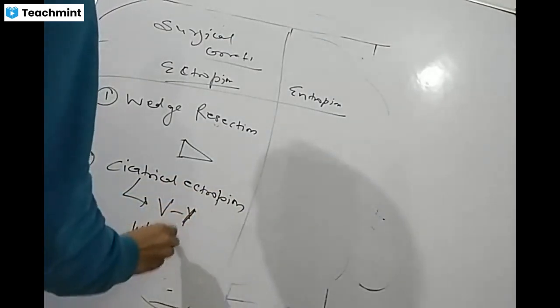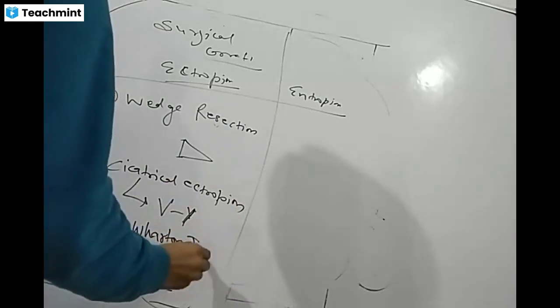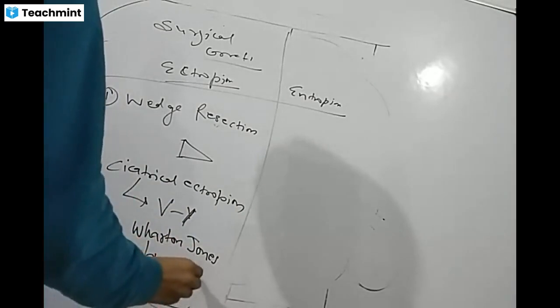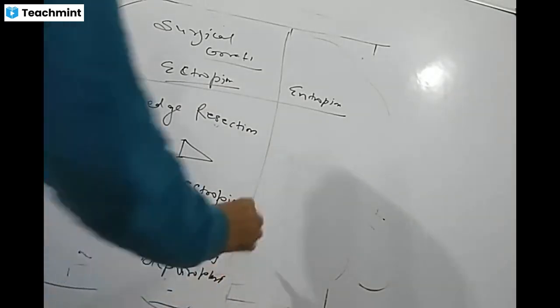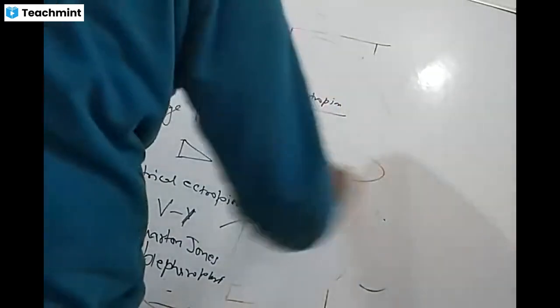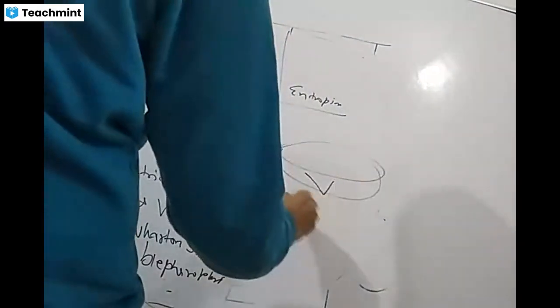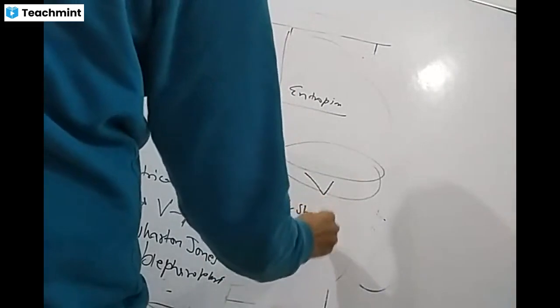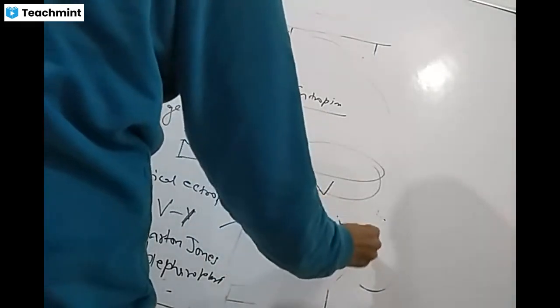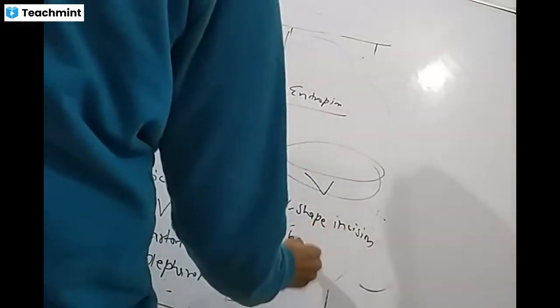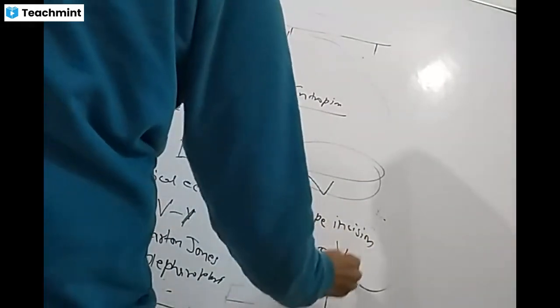there is the VY Wharton-Jones blepharoplasty, where a V-shaped eyelid incision is taken and it is closed in Y shape.